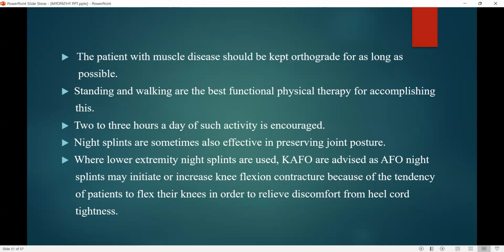Night splints are sometimes also effective in preserving joint posture. Where lower extremity night splints are used, KAFO: knee, ankle, foot orthoses are advised. Ankle foot orthosis night splints may initiate or increase knee flexion contracture because of the tendency of the patient to flex their knee in order to relieve discomfort from heel cord tightness.